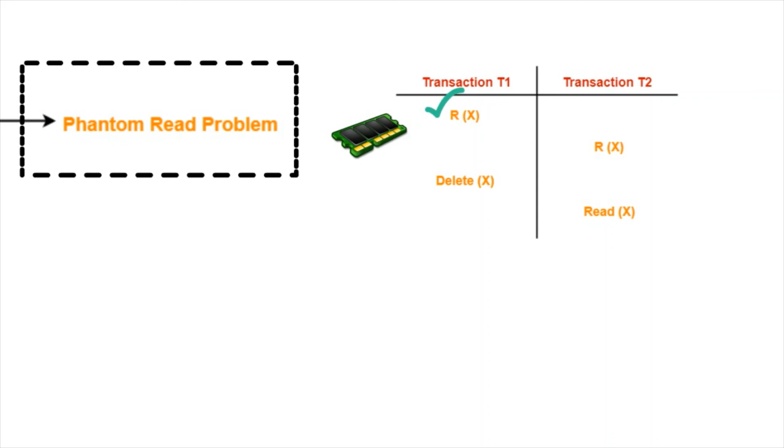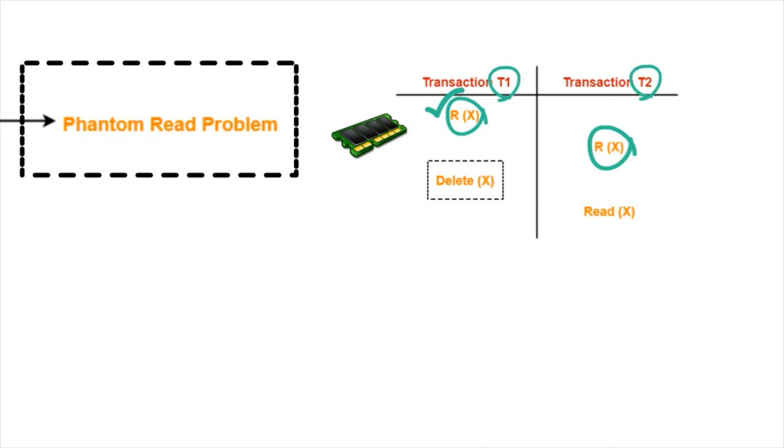Concentrate on this example. Say transaction T1 reads the value of X. Now transaction T2 also reads the value of X. Now at this point of time, transaction T1 deletes the value of X.